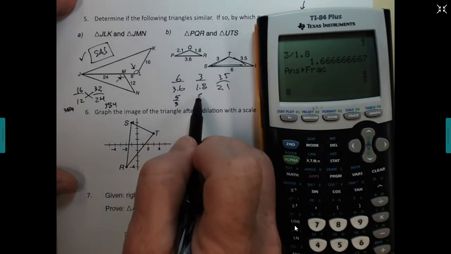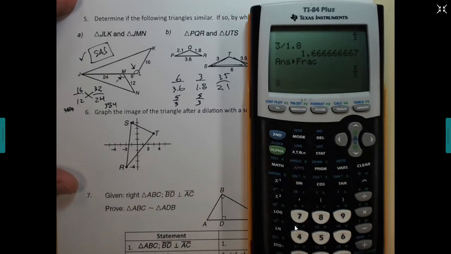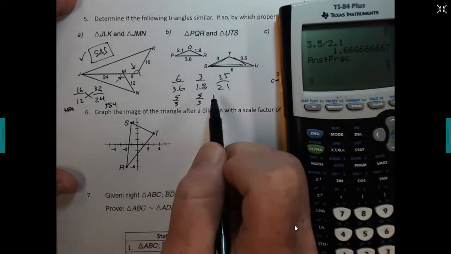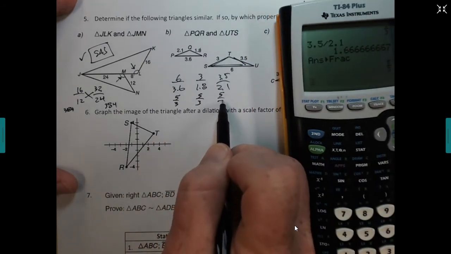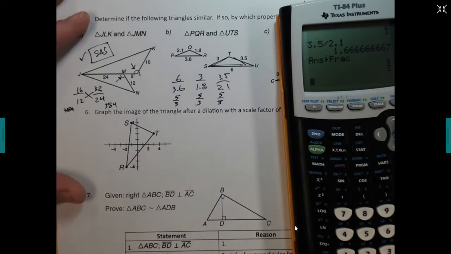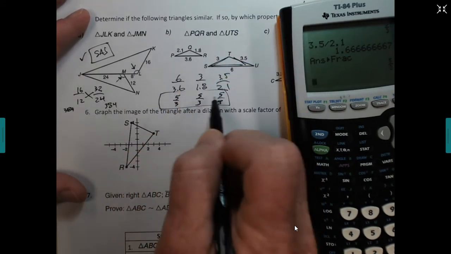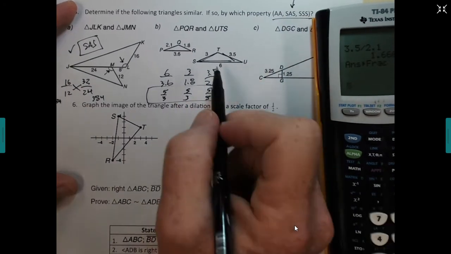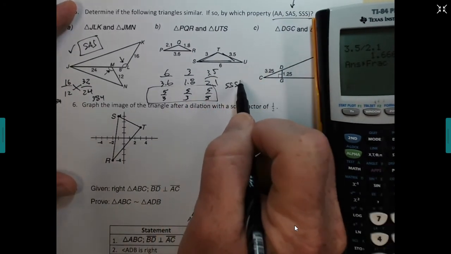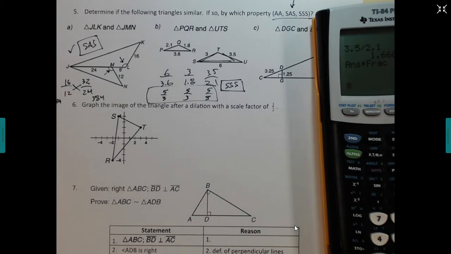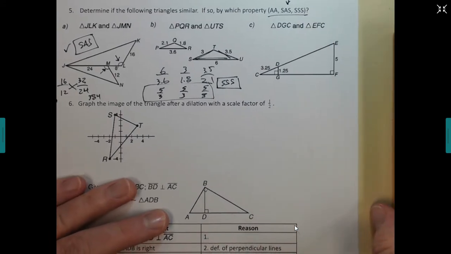Also 5/3. 3.5 divided by 2.1, math, enter, enter. All of those fractions are equal to, remember, this is the similarity ratio. So if I investigated all three ratios, they're all equivalent. We have proportionality. We're good to go here.